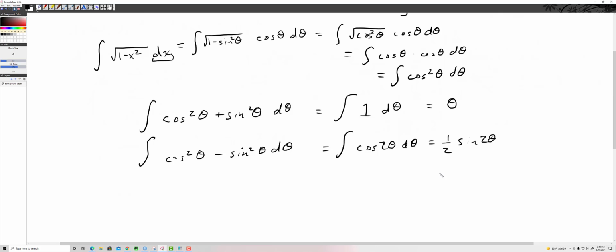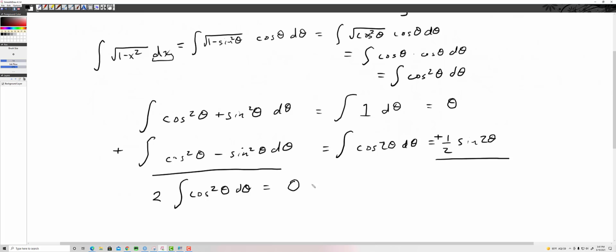And if we add these two together, what we get is 2 times the integral of cos squared theta d theta is just theta plus 1/2 sine 2 theta. This is maybe a harder problem, I guess. Bring that 1/2 onto both sides.